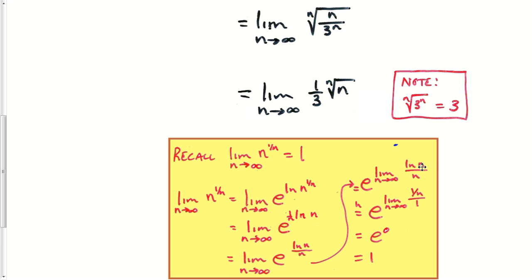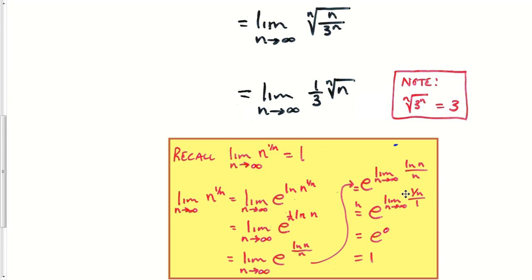So it's just the limit of that power. Well, the limit of the natural log of n over n, as n goes to infinity, is of the form infinity over infinity. It's the indeterminate form infinity over infinity, because natural log of n goes to infinity as n does, and n goes to infinity as n does. So we can apply L'Hopital's rule to this limit.